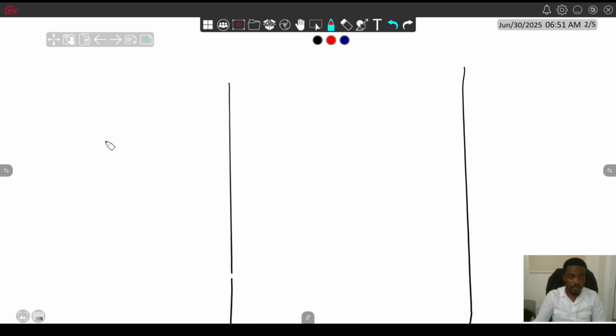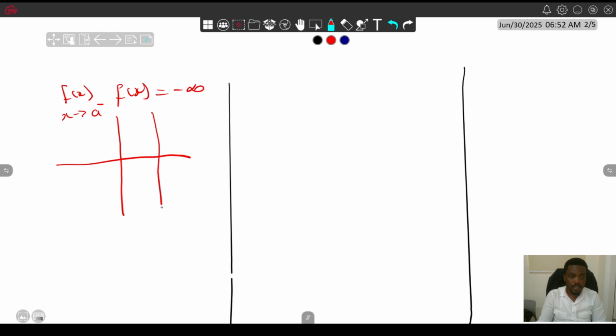And then we can also have, say, f of x as x approaches a from the left, equal to negative infinity. This will in turn look like this. So we have a here, and then from the left we have something like that.